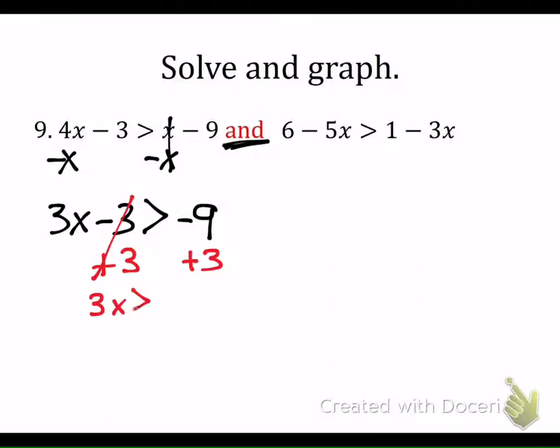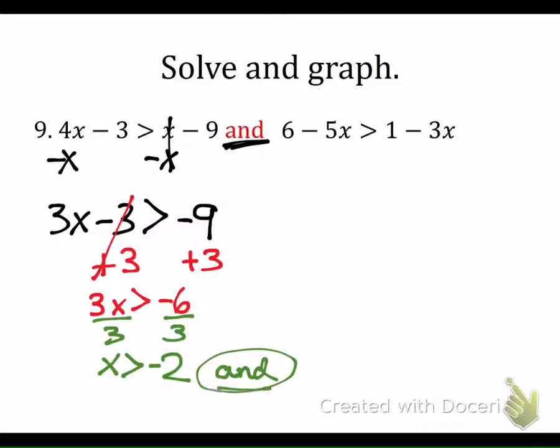So 3x is greater than -6. Then divide by 3. And x is greater than -2. That's when the word and comes in. Okay? Now we got to do the other one.